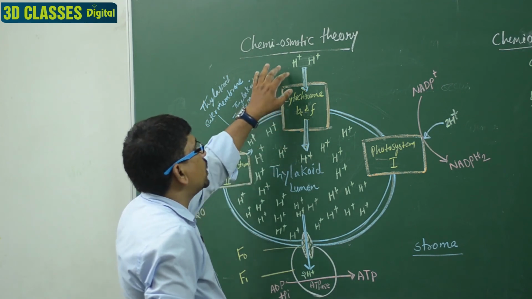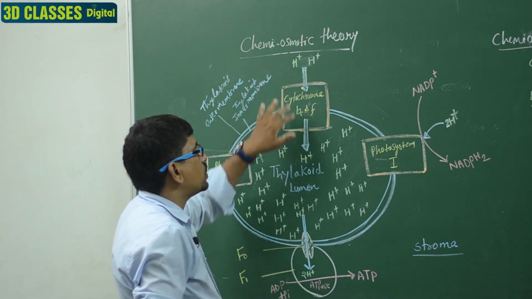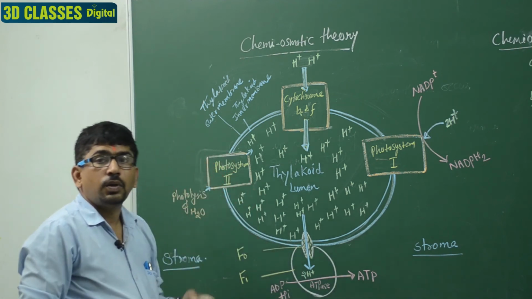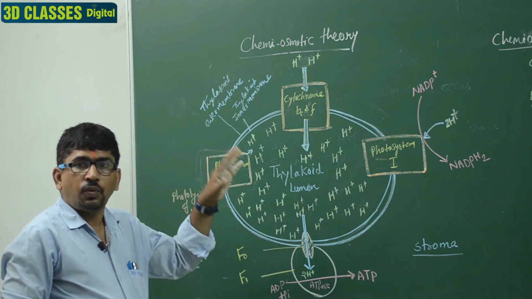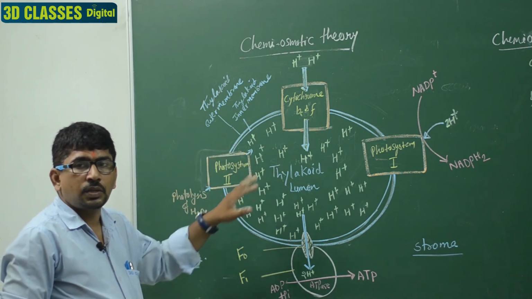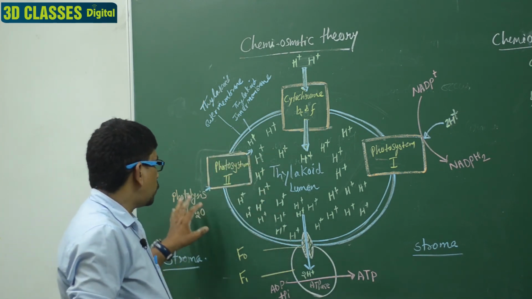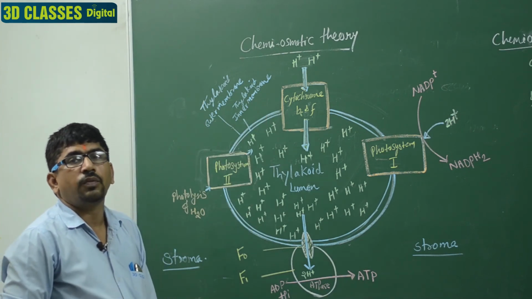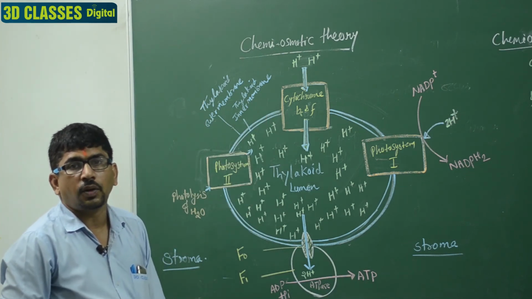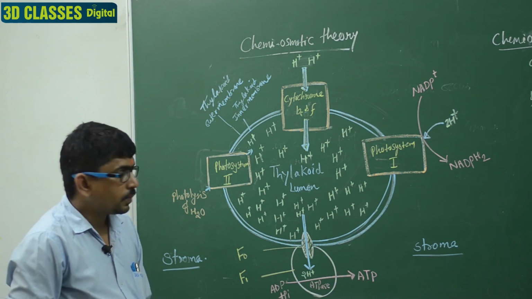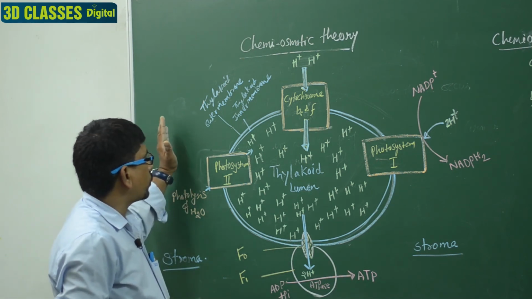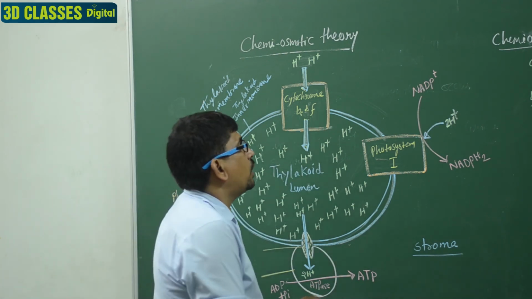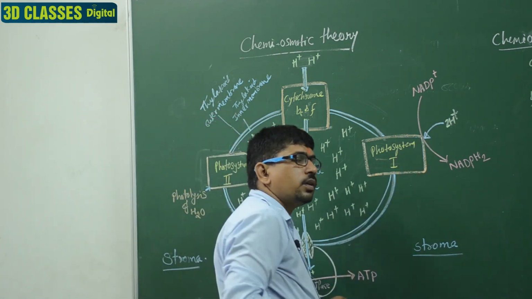In this process the protons are moved from outside to inside with the help of the cytochrome, and then the electrons move outside again, but the protons are present inside the lumen. So there are two ways, first and second, for the incoming of the protons inside the thylakoid lumen, clear. So the outside protons are moved inside the thylakoid lumen, and this is the third way.